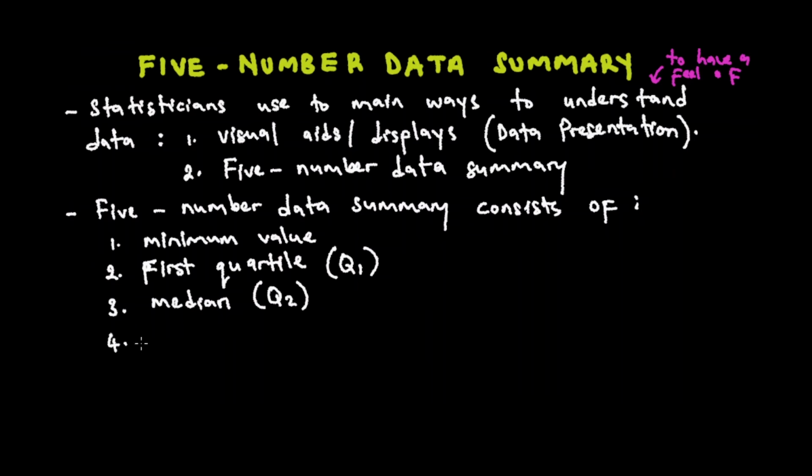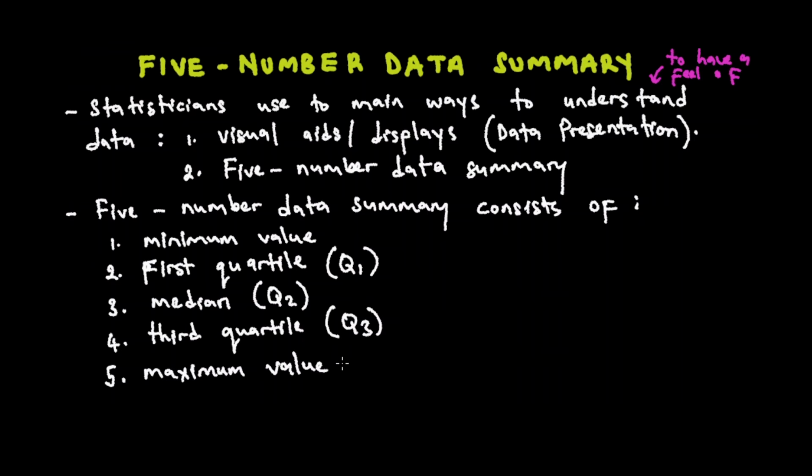The fourth number is called the third quartile, which can also be Q3. Then lastly, we have the maximum value, meaning the biggest number in that particular data set. So these are the 5 numbers which are used to summarize data.